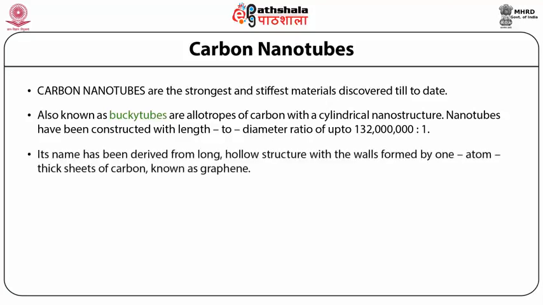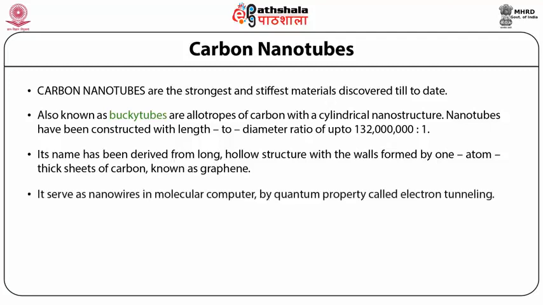Its name has been derived from the long hollow structure with the walls formed by one atom thick sheet of carbon known as graphene. The carbon nanotube serves as nanowires in molecular computers by a quantum property called electron tunneling.